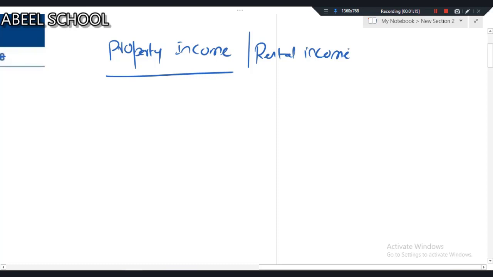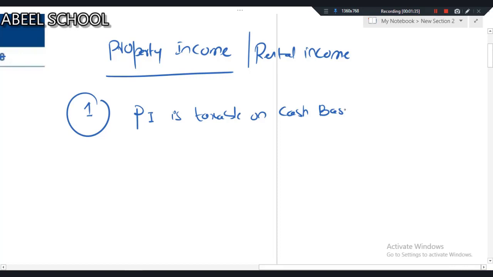For property income, for rental income, point number one: property income (PI) is taxable on cash basis, but accrual basis can be opted.